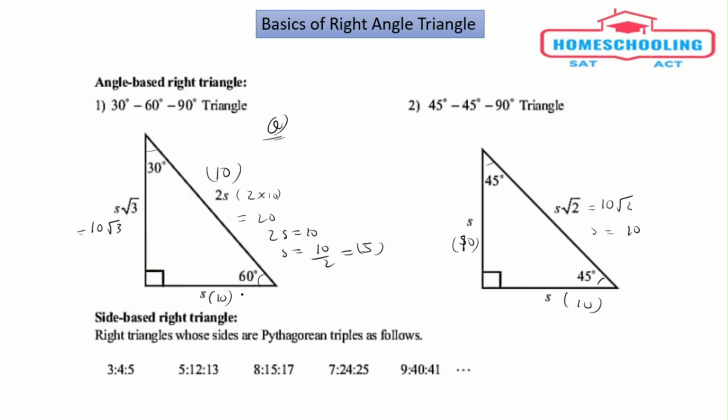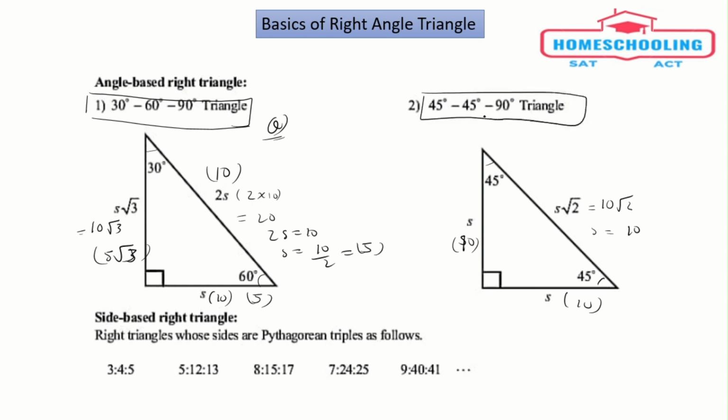So this side would be 5 and this side would be 5 root 3. So instead of going through the conventional way, if you remember these tricks, it will come very handy. So please remember these two tricks of the 30, 60, 90 degree triangle and the 45, 45, 90 degree triangle. This will come very handy.